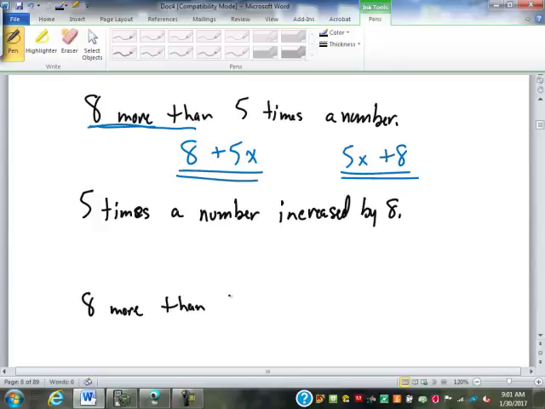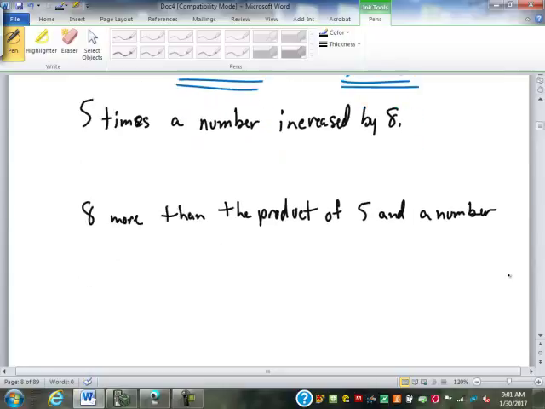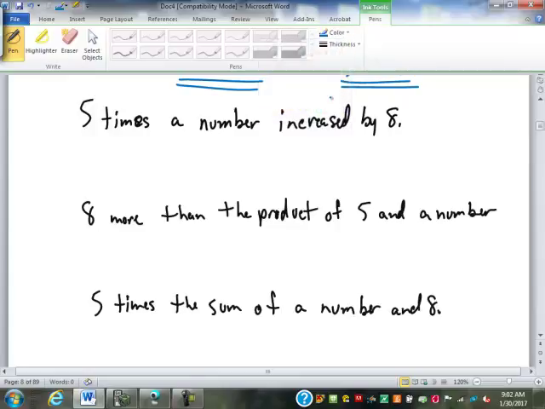Eight more than the product of 5 and a number. Five times the sum of a number and 8. I'll give you a minute to think about each of those and get an answer written down.